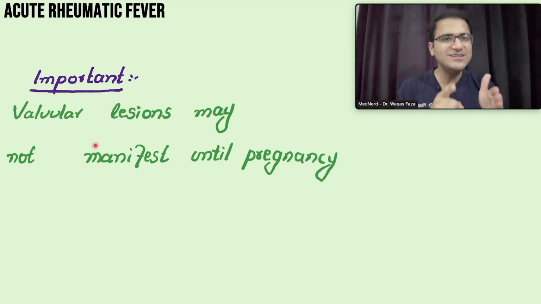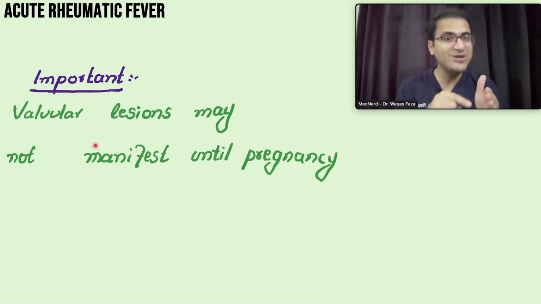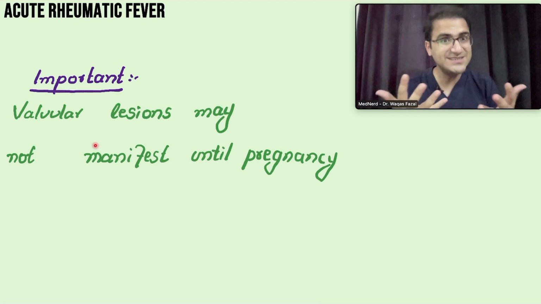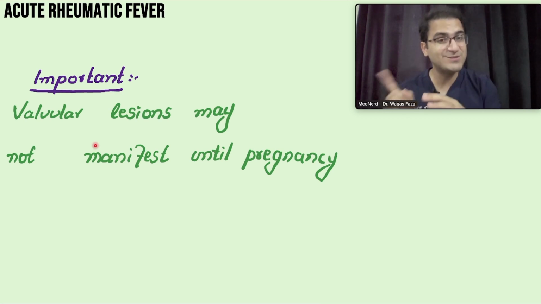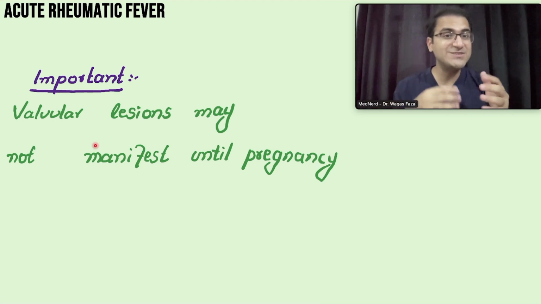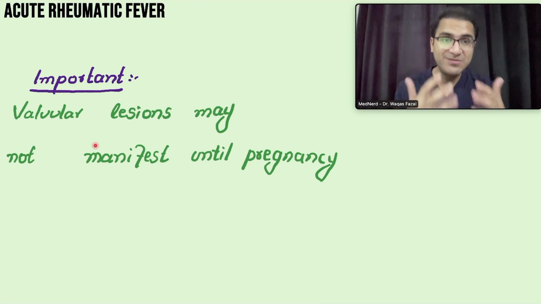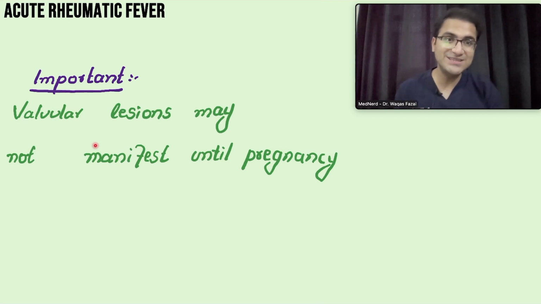Why? These patients were having mitral stenosis even before the pregnancy, but they were asymptomatic. During pregnancy, cardiac output demand increases, and their heart, having had mitral stenosis for a long period of time, was unable to meet that demand. Therefore, it became symptomatic and the patient developed shortness of breath and dyspnea.